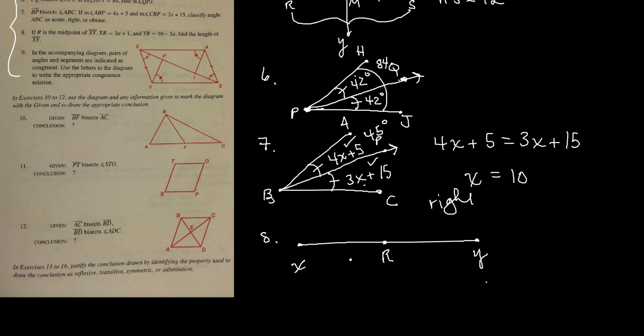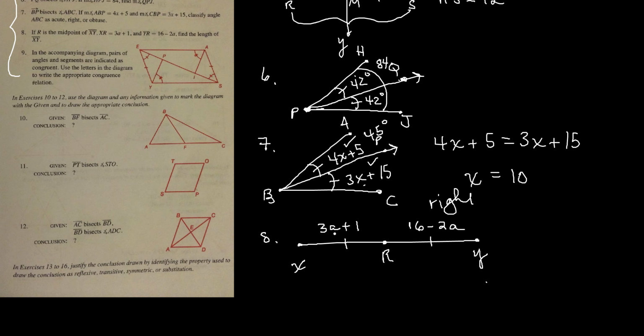It's going to divide it into 2 equal segments. So XR is 3A plus 1, and the other side, YR, is 16 minus 2A. Find the length of XY.